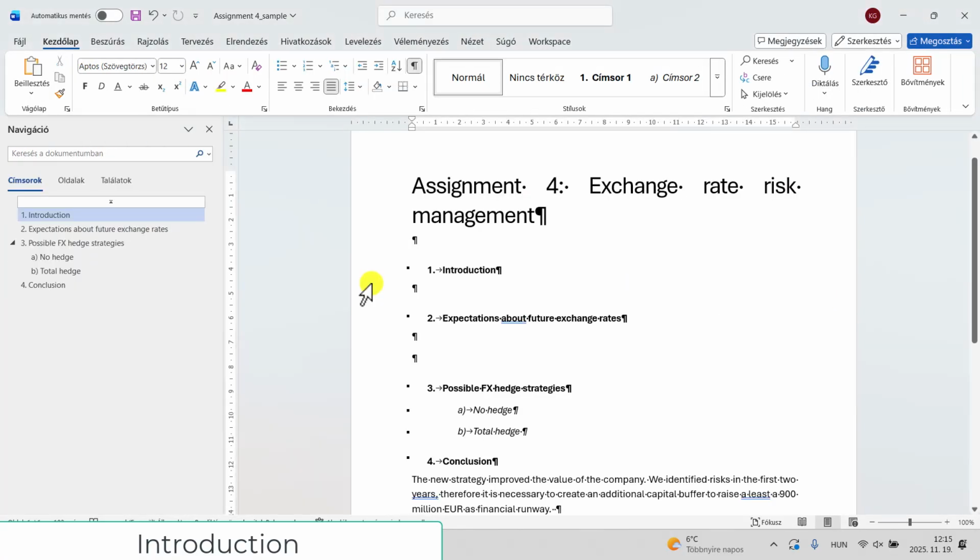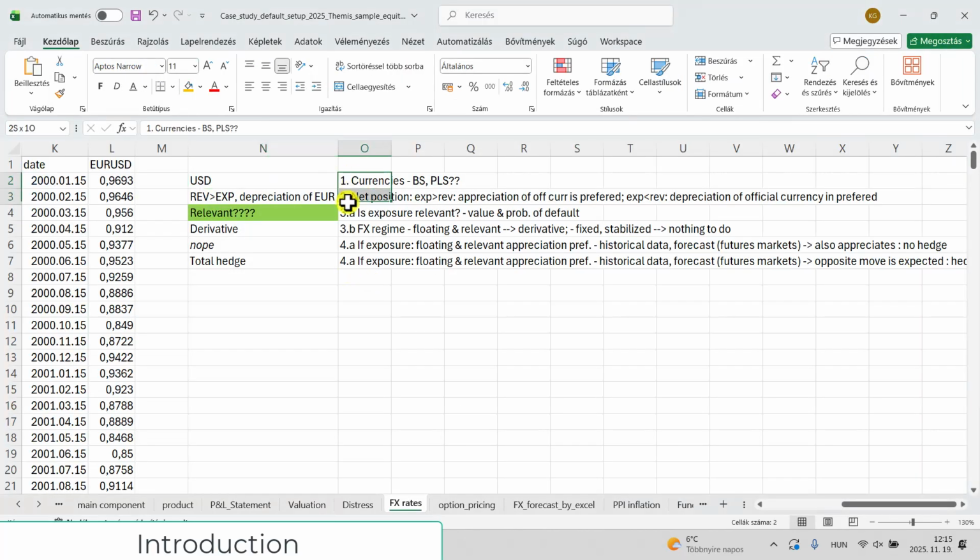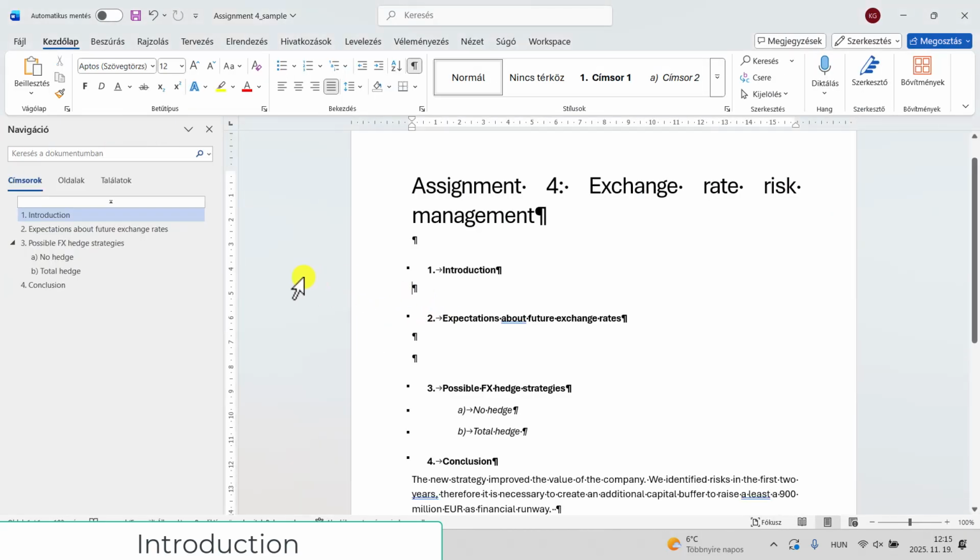So first of all, we are just in the introduction, and it is much nicer if we are just defining all these crucial steps, and then we start to answer these questions. So during the assessment of the foreign exchange exposure, we should go through the following steps.